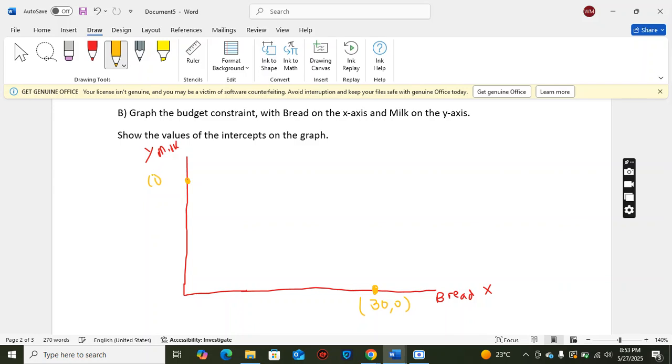So here, this point 0, 20. Then you just connect the dots, and this is your budget constraint equation. It says show the value of the intercepts on the graph, and we've shown the value of the intercepts on the graph.